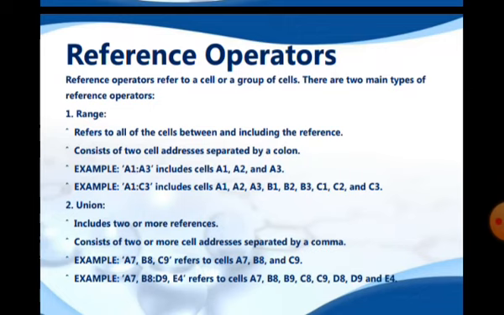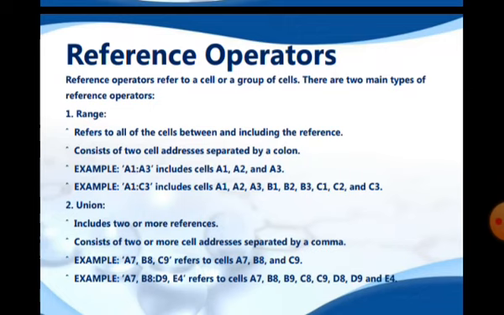Second is union, which includes two or more references, consisting of two or more cell addresses separated by a comma. For example, A7, B8, C9 refers to the cells A7, B8 and C9. Here you see in the next example A7, B8 colon D9, E4.